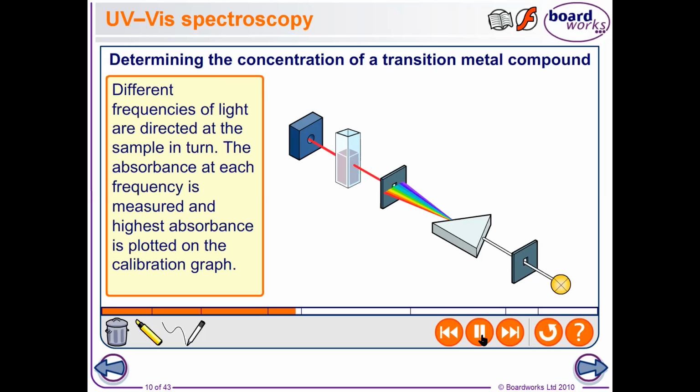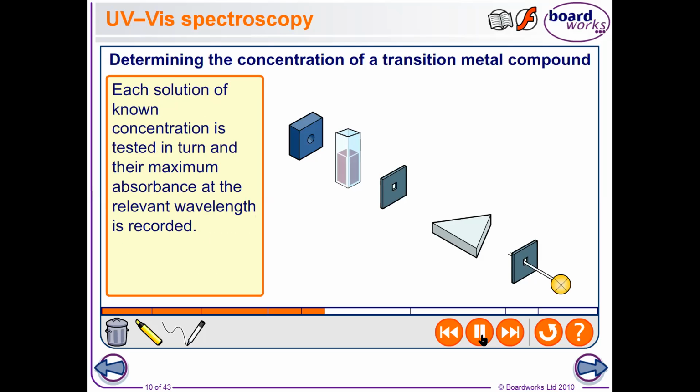Each solution of known concentration is tested in turn, and their maximum absorbance at the relevant wavelength is recorded. So whatever the absorbance is in each of the concentrations, it will be recorded. Meaning to say, those values will be the reference value for each of the concentrations.